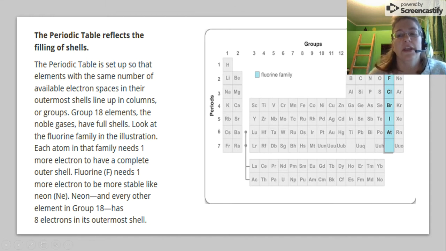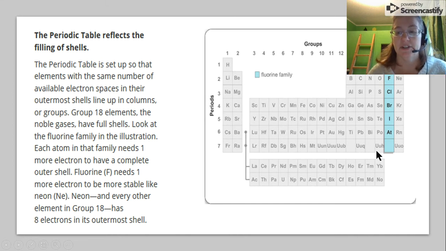And so you have to be very careful. Am I asking how many valence electrons there are, or am I asking how many more it needs to be stable? If this last column is all stable, and I were to ask about any of these here, how many more do they need to be stable? Well, they're only one away, aren't they? If I add one more, they're stable.